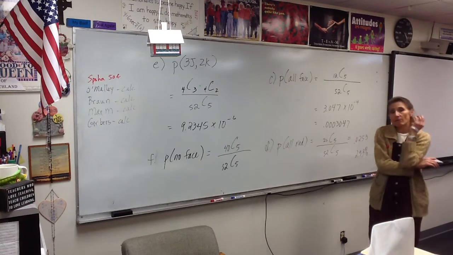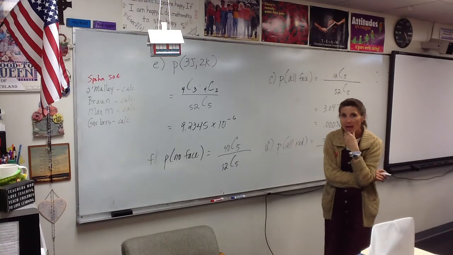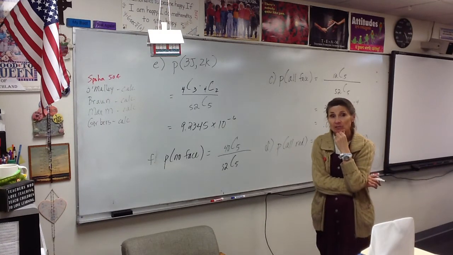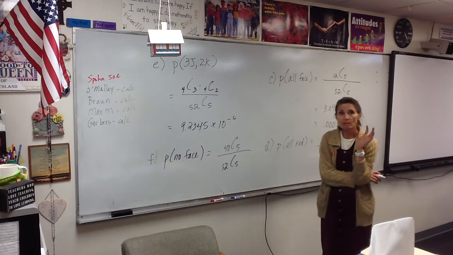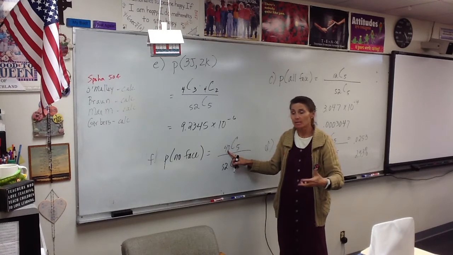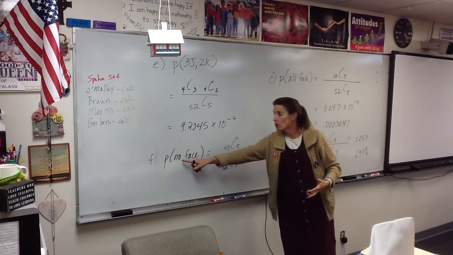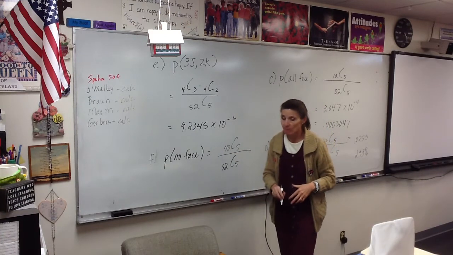Once again, there are 52 cards in the deck. 12 of them have faces on them, jacks, queens, and kings. If we take out those 12, then we have 40 cards that aren't face cards, and I want to pick 5 of them. I want no face cards. All 5, no faces. So 40C5 is my numerator.